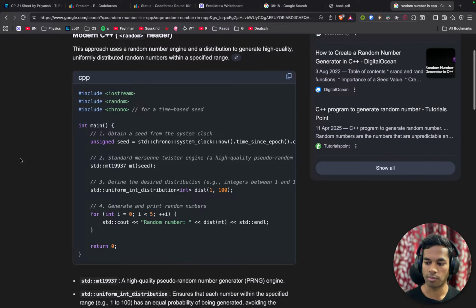Yes, there are three clocks: steady clock, system clock, and high resolution clock. System clock, let's say steady clock, does not matter. Steady clock now gives us time since epoch.